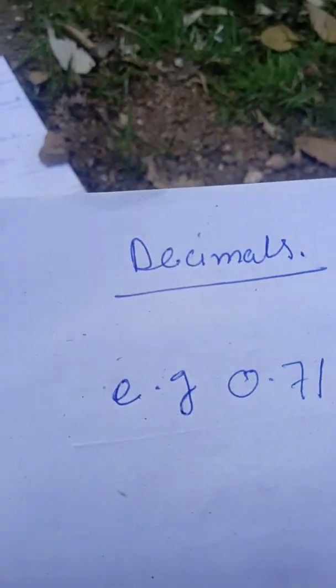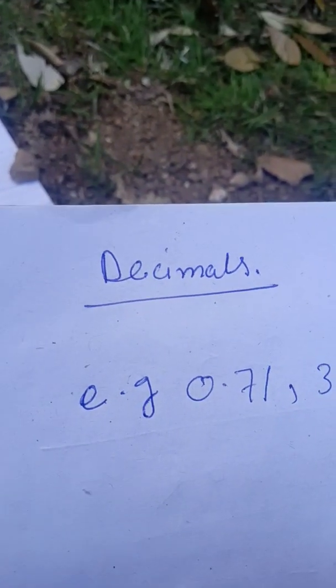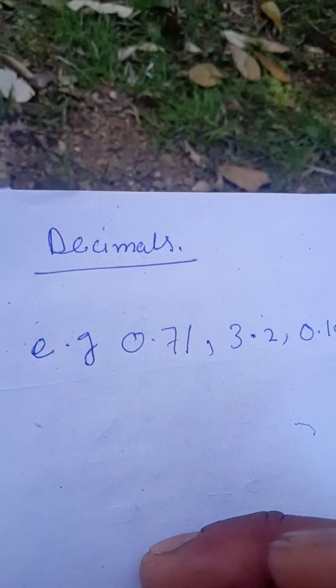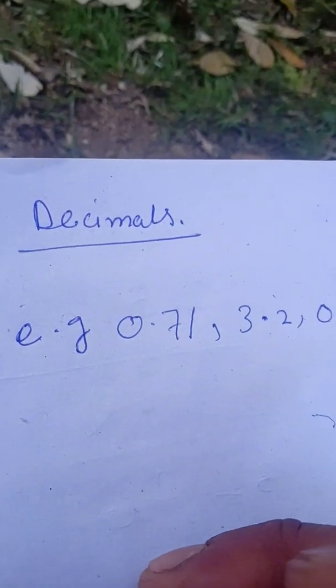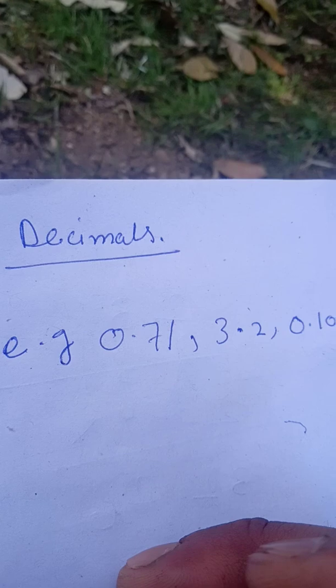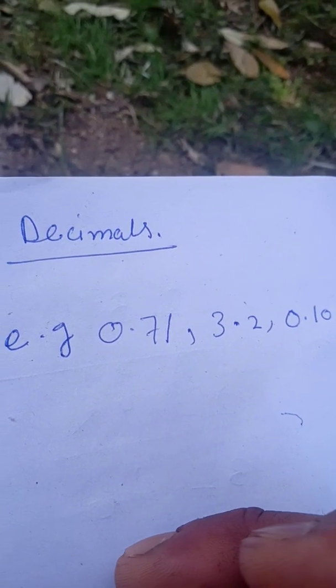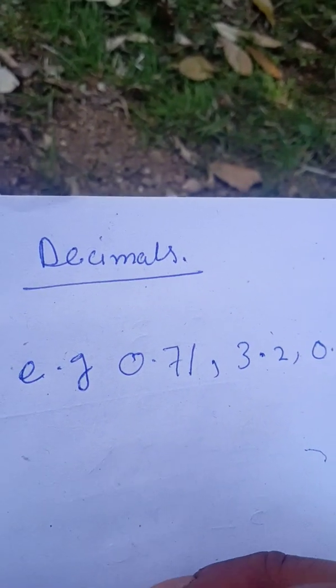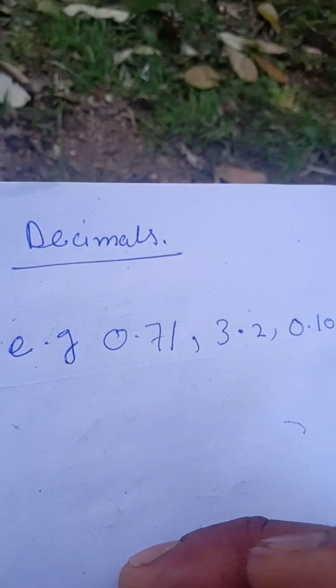So the part on the left side of the decimal point is the whole number part, and the right side is the decimal part.